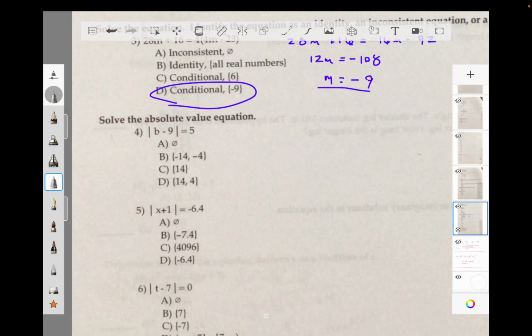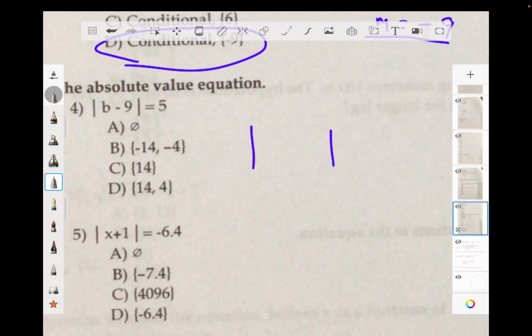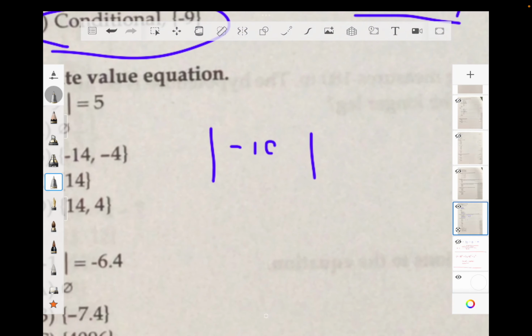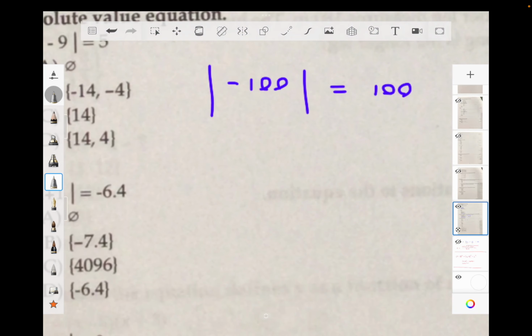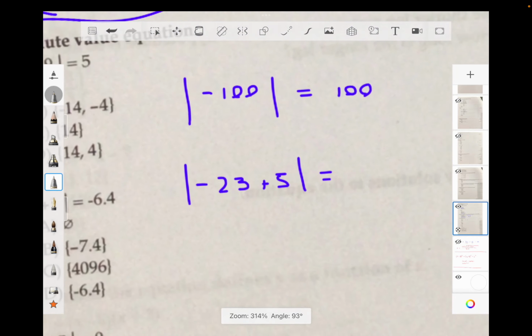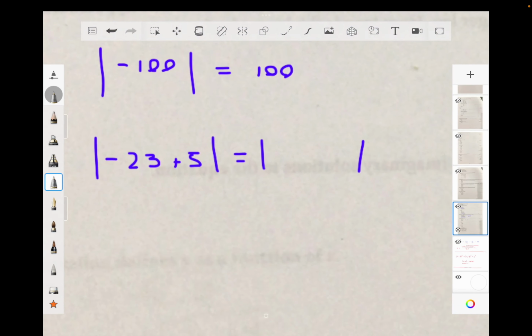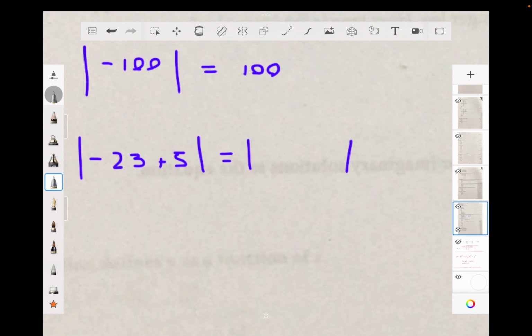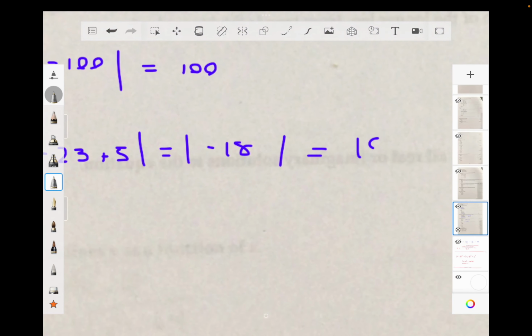Solve the absolute value equation. Remember, anything in the absolute value sign becomes positive. So if I had negative 100, this just becomes 100. If I had negative 23 plus 5, that equals negative 18, which would just equal positive 18.